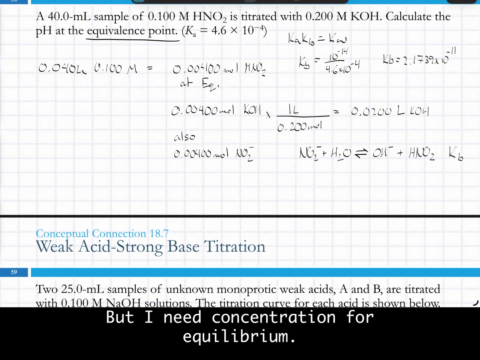NO2 minus. This is going to be 0, 0, but they will be x, and this will be 0.0667 minus x. So now x squared over 0.0667 equals 2.1739 times 10 to the minus 11.